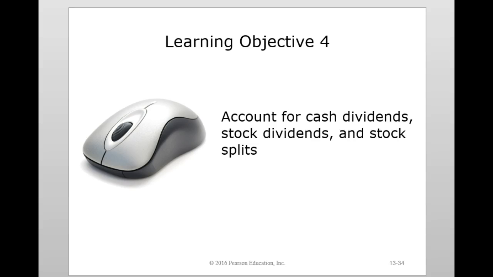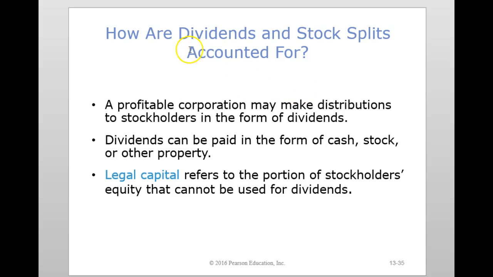So, let's begin. How are dividends and stock dividends accounted for? They're simply all distributions to your stockholders, and they can be in the form of cash, stock, or other property. Legal capital refers to the portion of the stockholders' equity that cannot be used for dividends.